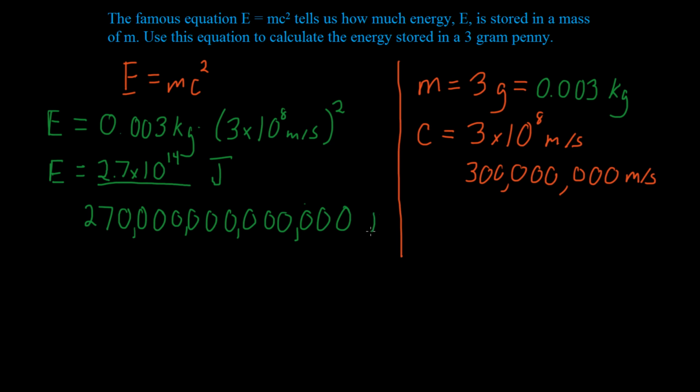So if we have a 100-watt light bulb, we'd be using 100 joules per second. So this amount of energy, if we could take a penny and turn the mass into energy, would be 10 to the 12th times larger in magnitude.